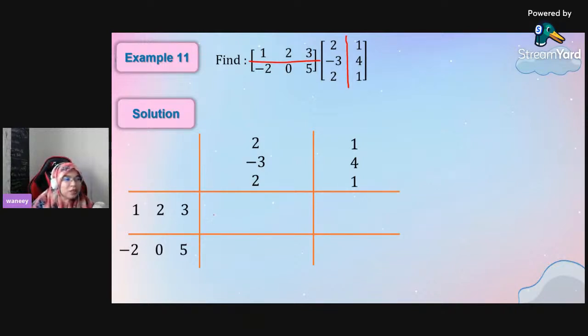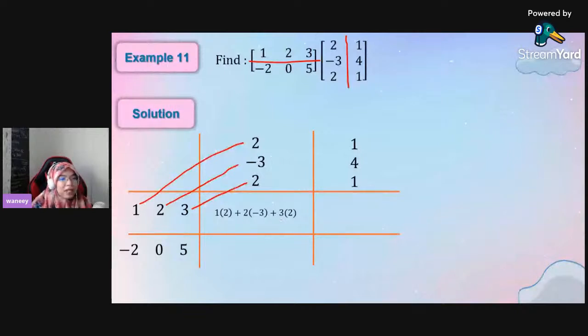So for example over here, it will be 1 times 2 plus 2 times negative 3 plus 3 times 2, and then I add everything together. So 1 times 2 plus 2 times negative 3 plus 3 times 2. That is the first one.